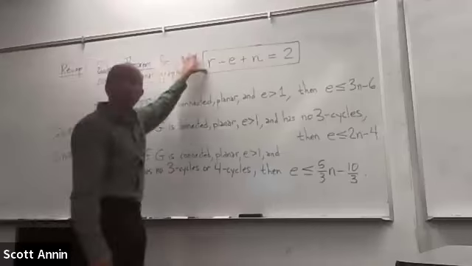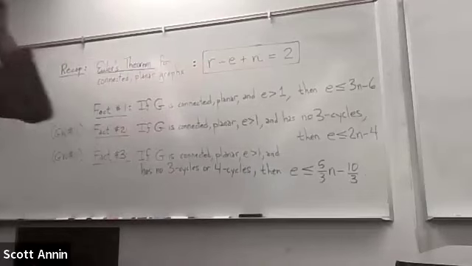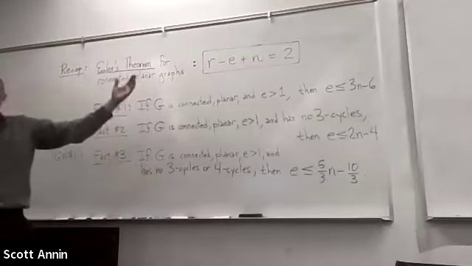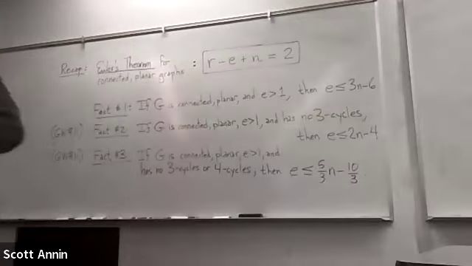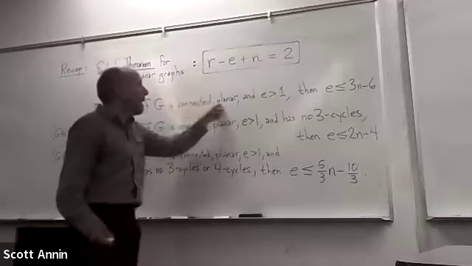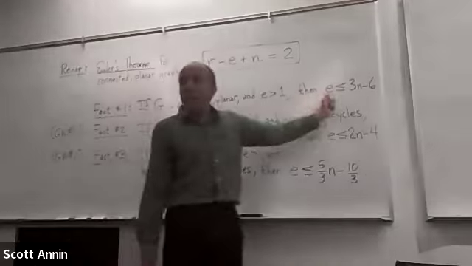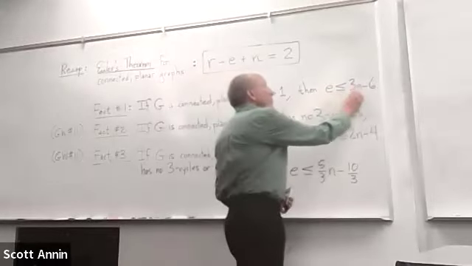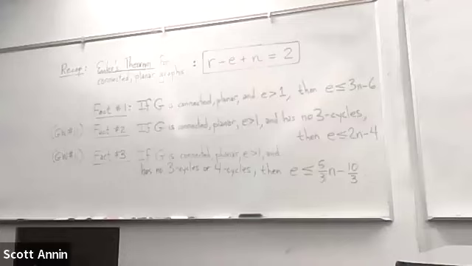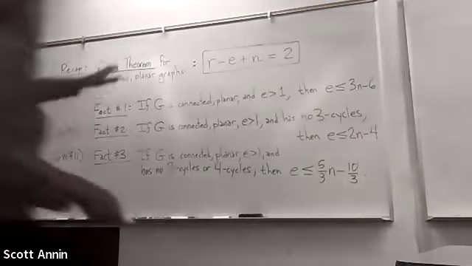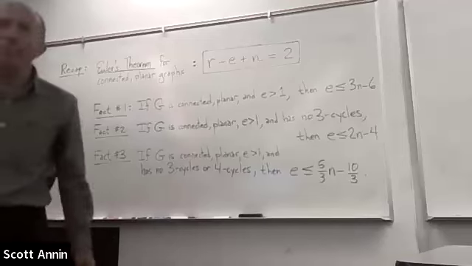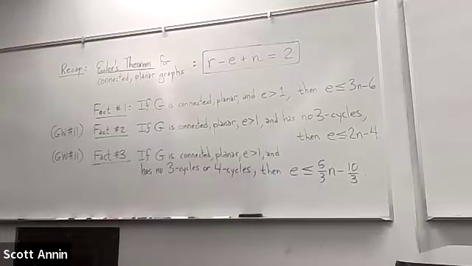And using this Euler theorem, we proved in class on Tuesday that there's an upper bound on how many edges you can have in a planar graph. So if I have a connected planar graph, the number of edges can never be more than 3n minus 6. So it's less than or equal to 3n minus 6. And we proved that by using the Euler theorem here, along with the handshaking theorem for the degrees of regions.